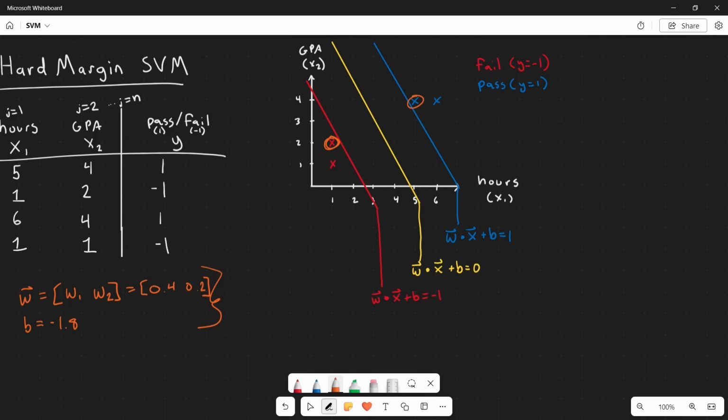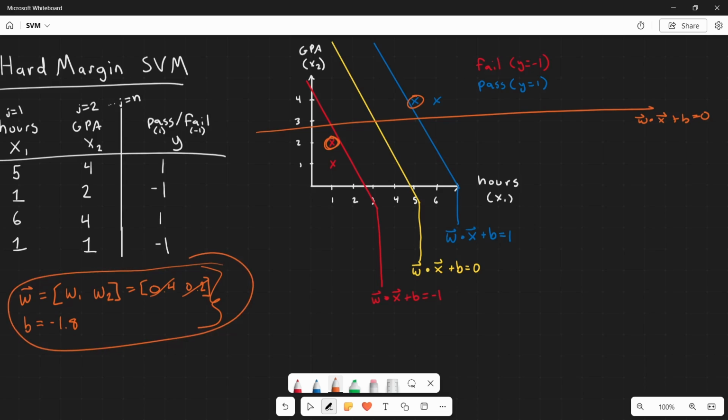So if we had some completely other weight values, we might instead have a decision boundary that looks something way off like this, where this was actually W dot X plus B equals 0. But in our case, since we're just trying to build intuition, let's just use these values.